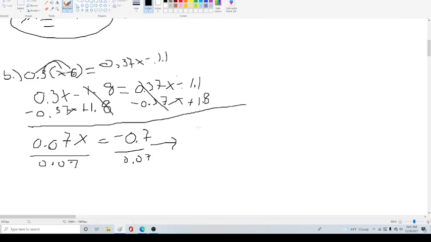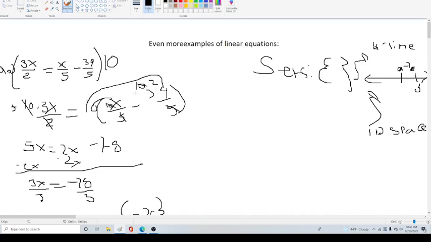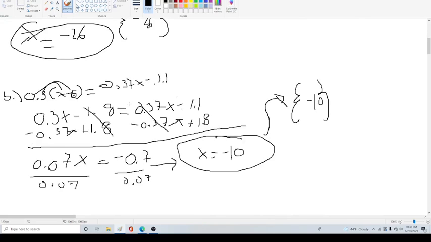And this results in x is equal to minus 10. So in sets, that'll be minus 10 on our number line. So for this problem, our idea was to just treat the decimals, or even if we have fractions, just treat them like real numbers.